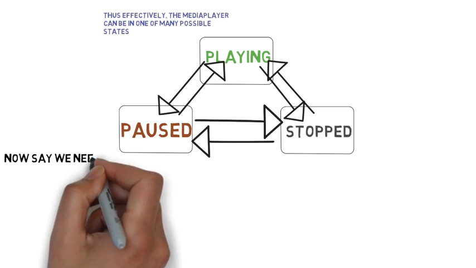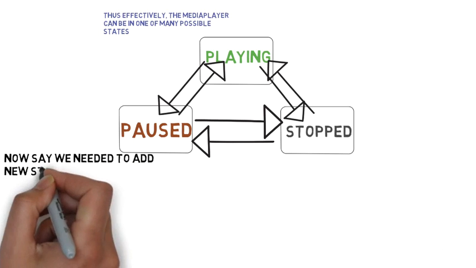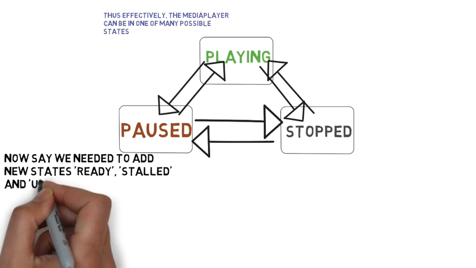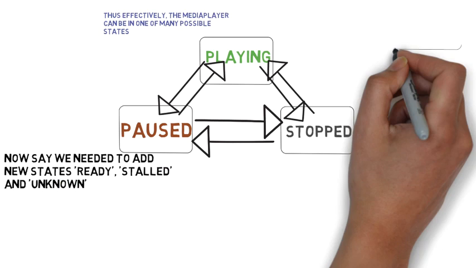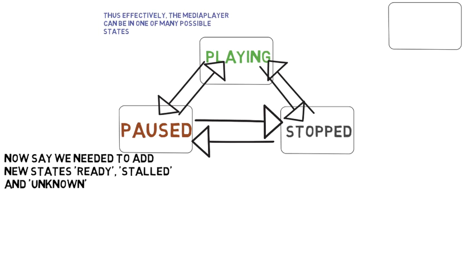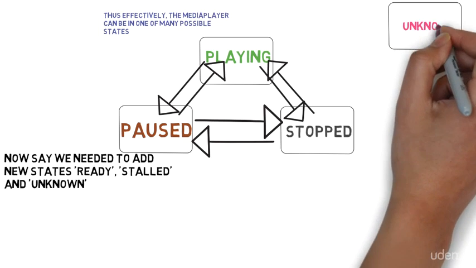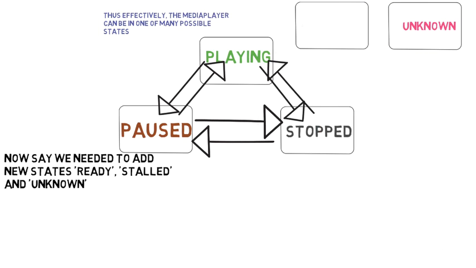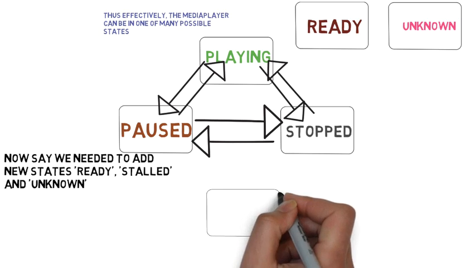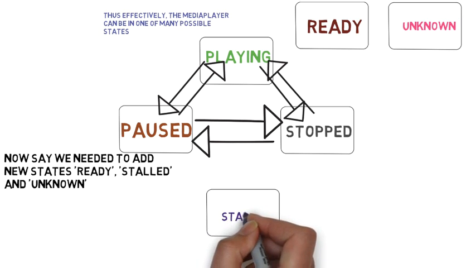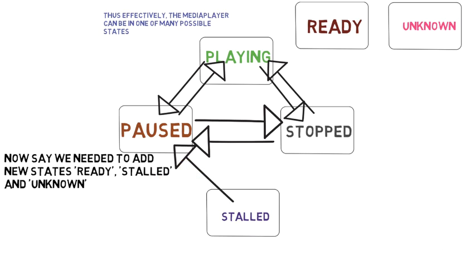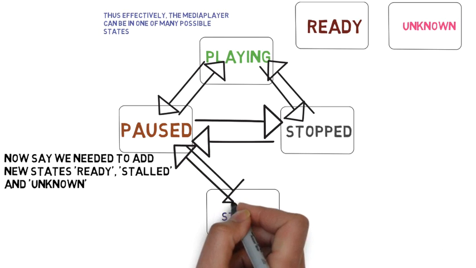Now here with 3 states, it's very easy to imagine the transitions. Let's say we needed to add new states such as ready, stalled, and unknown. So how do we do it? So we have the unknown state that can move to ready, and ready can move to playing. And then let's say we have this new stalled state, and from stalled, basically you can get to any of the other states.